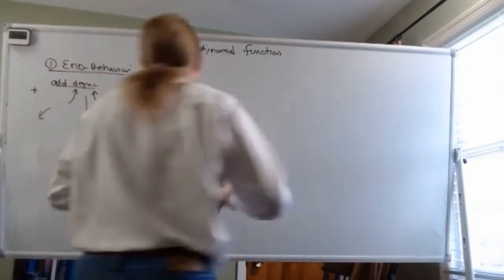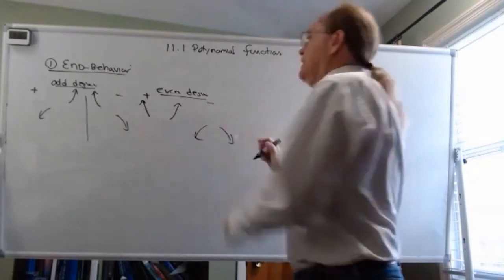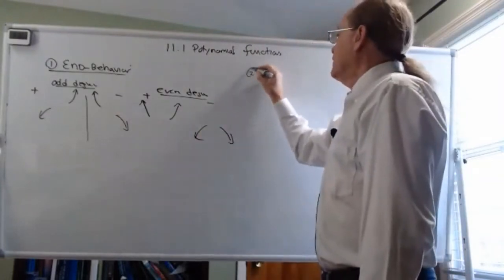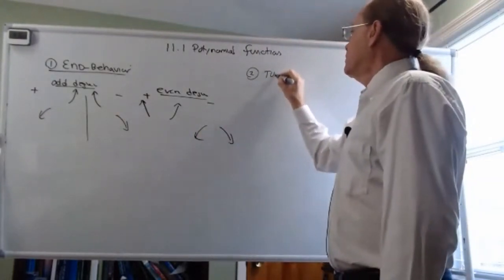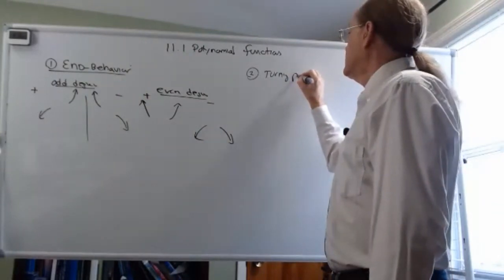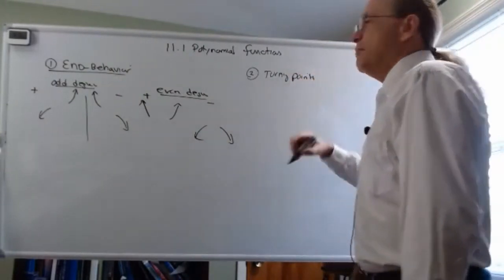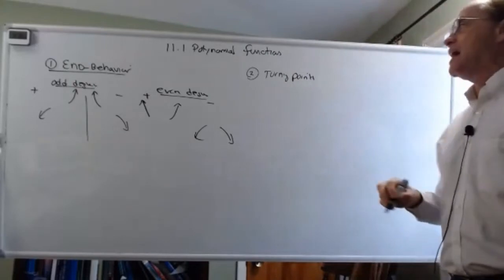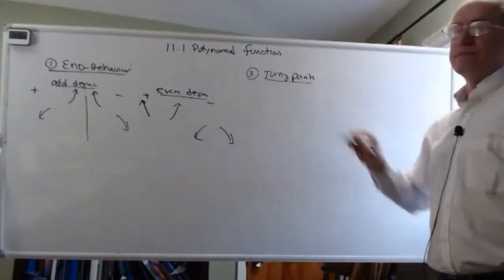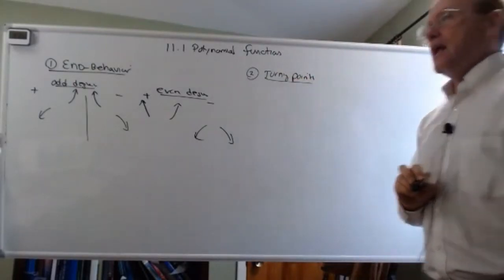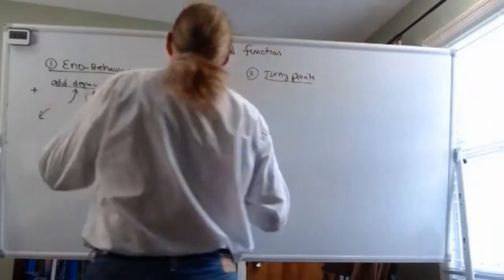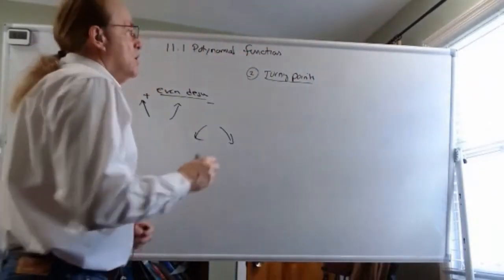We also looked at what happens in between the ends, and that deals a lot with turning points. Those are maxes and mins, little peaks and valleys, if you will, of the graph of our function. And it is related to the degree as well.